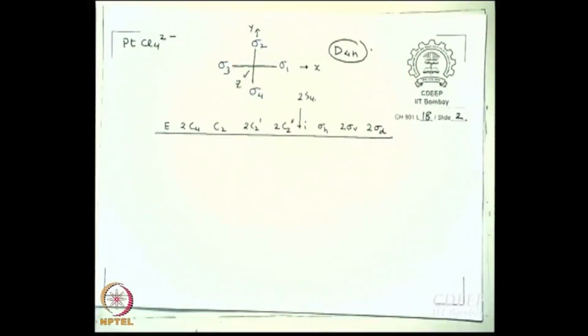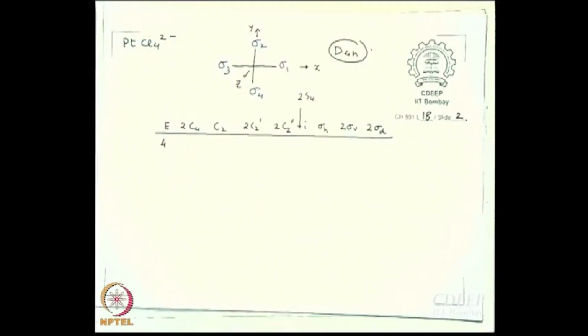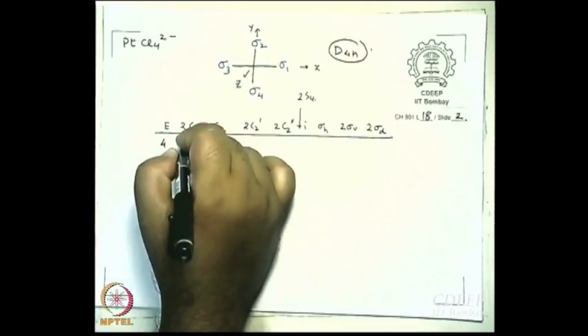So now the first thing to do is to construct the reducible representation using these 4 orbitals. Let us get ahead. The character of E is 4. What would be the character of C4? C4, everything will change places, 0.